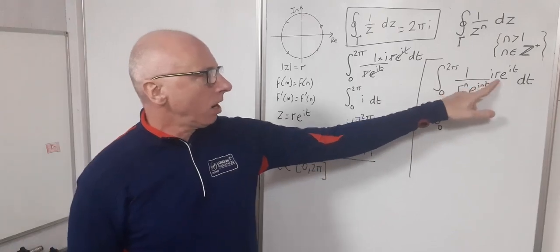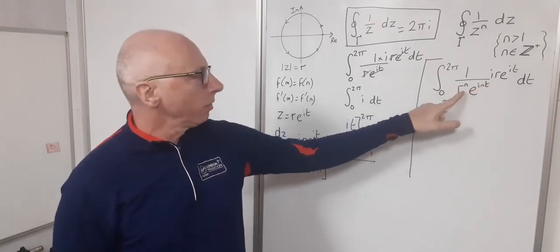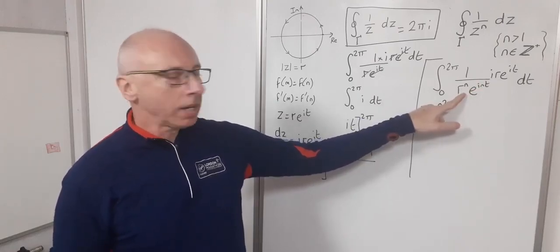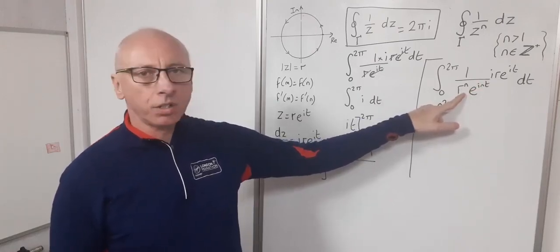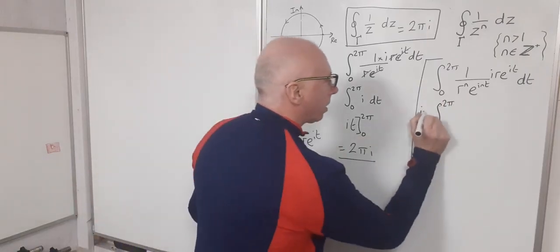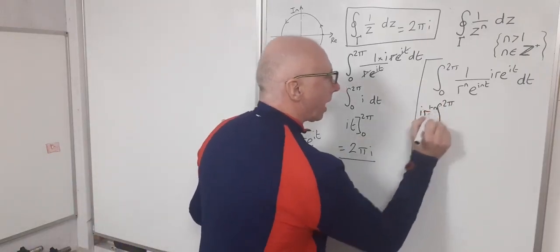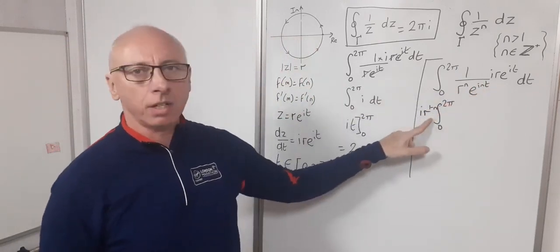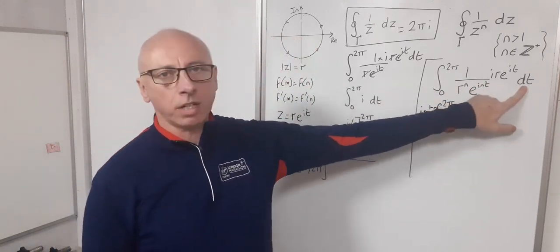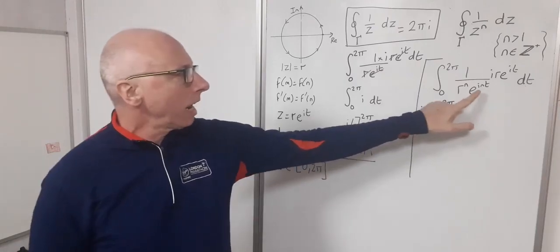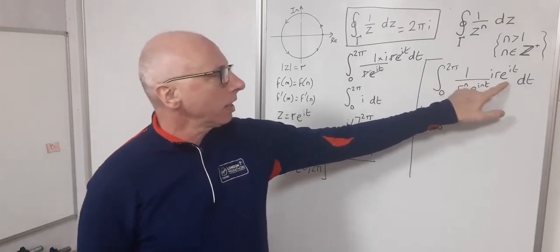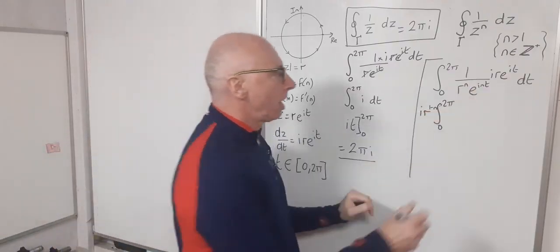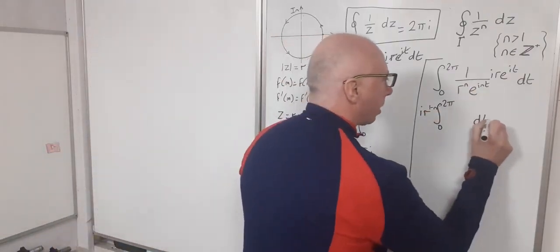Here we've basically got r to the power of 1, and here we've got r to the power of n. So, without putting it as a fraction, we can write that as r to the 1 minus n. That takes care of the r values, and they can come outside of the integral because we're integrating with respect to t. Now here we've got e to the i n t, e to the i t, so they will stay inside the integrand and be with respect to t.